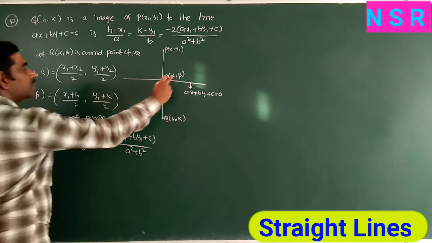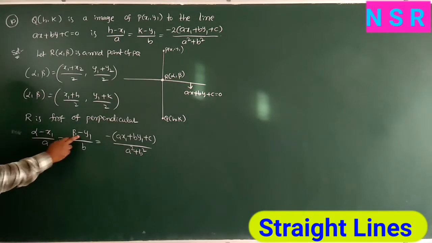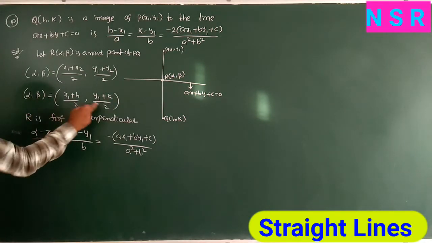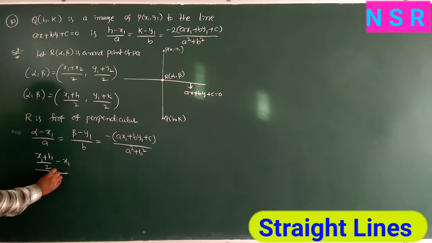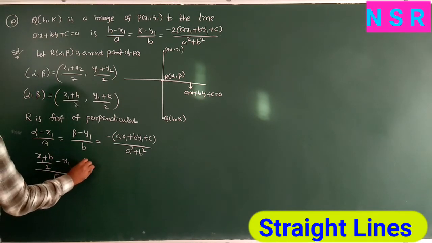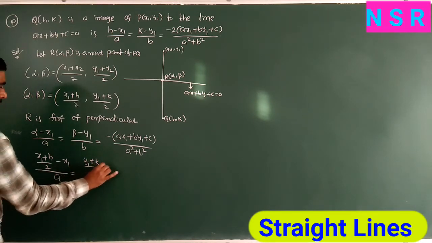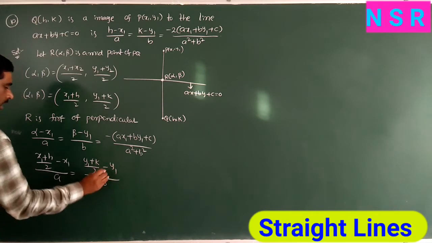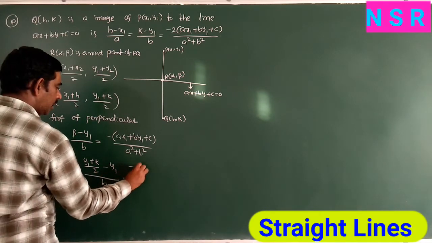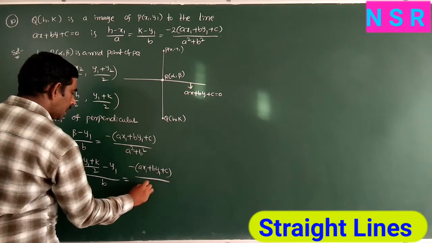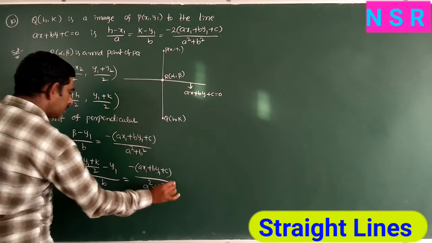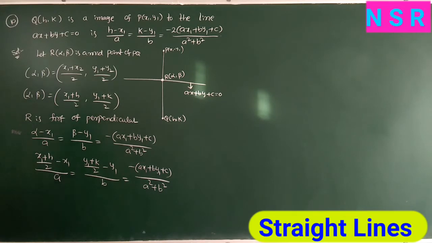In place of h comma k we have alpha beta, so that's why write alpha beta here. Now substitute this alpha beta value here: x1 plus h by 2 minus x1 by a, y1 plus k by 2 minus y1 by b is equal to minus of ax1 plus by1 plus c by a square plus b square. Now simplify this, we get the image formula.